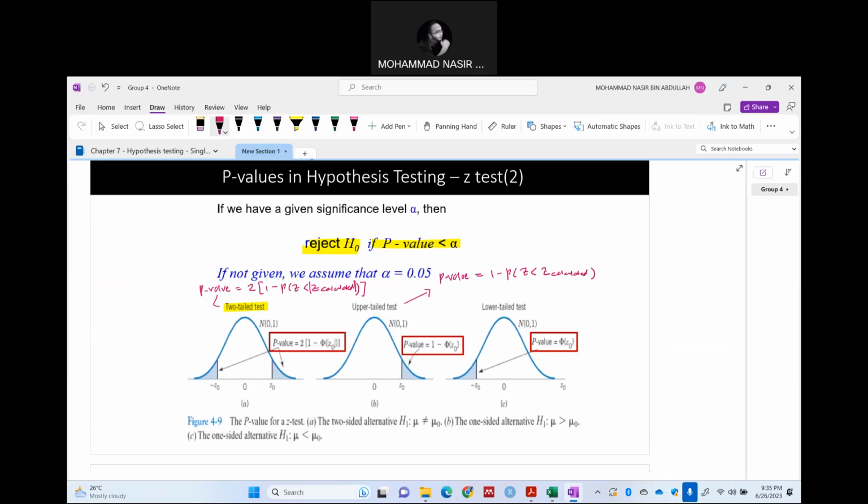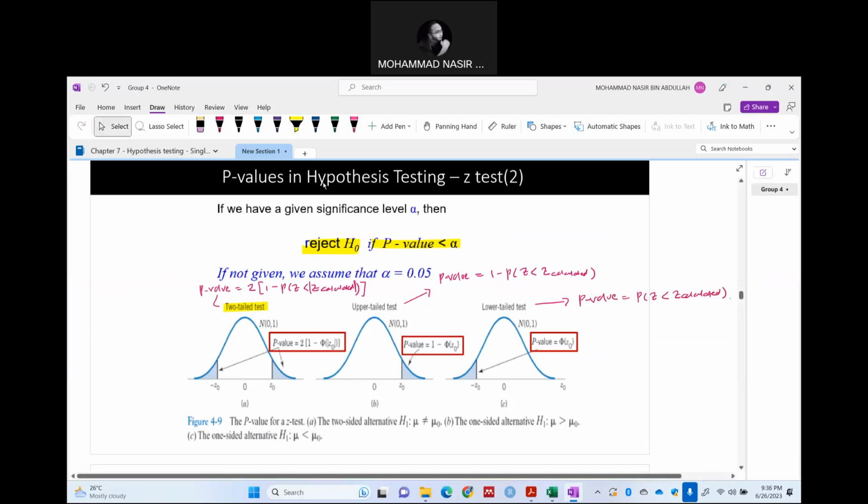And for a one-tail test to the left, the p-value is equal to the probability of z less than z calculated. Okay. Can you understand? So this is how we calculate the p-value.